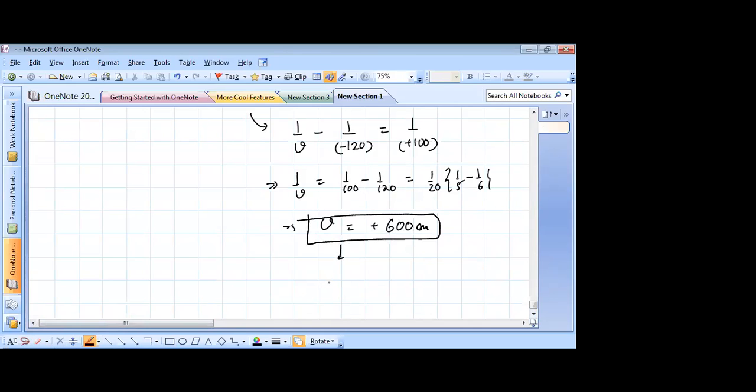Now this becomes, let's say, P prime Q prime, which becomes the real image.